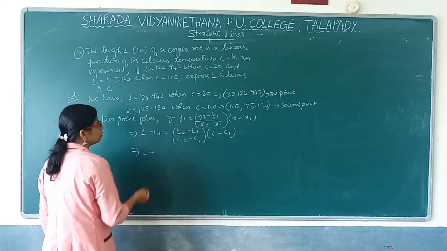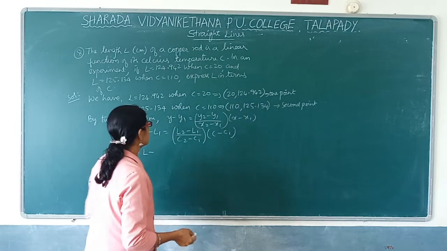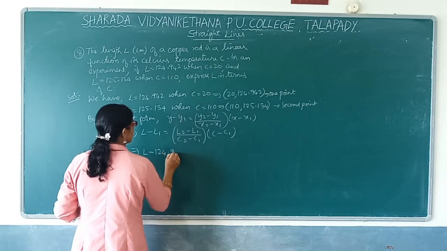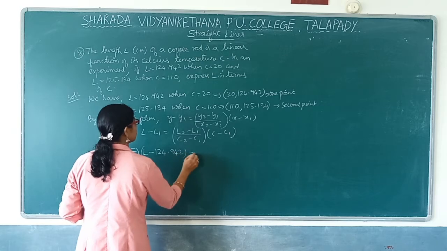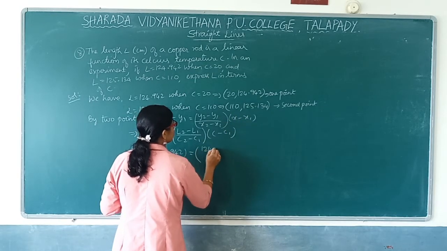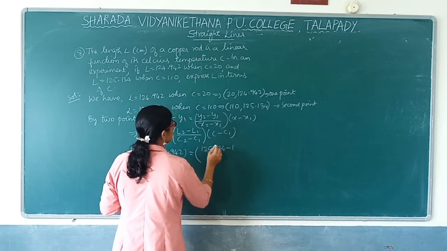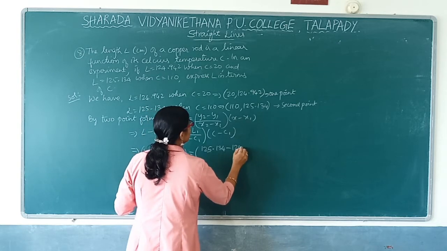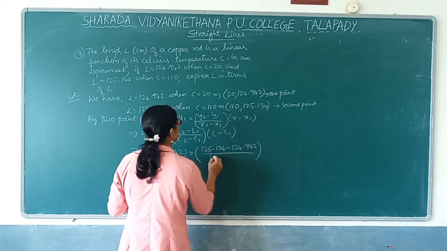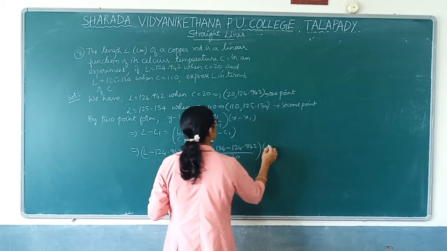So what are L1, L2? These are the L1, L2 values and these are the C1, C2 values. What is L1 here? 124.942. This is L minus L1. Now L2 minus L1, 125.134 minus 124.942, divided by C2, which is 110, 110 minus 20, into C minus C1.